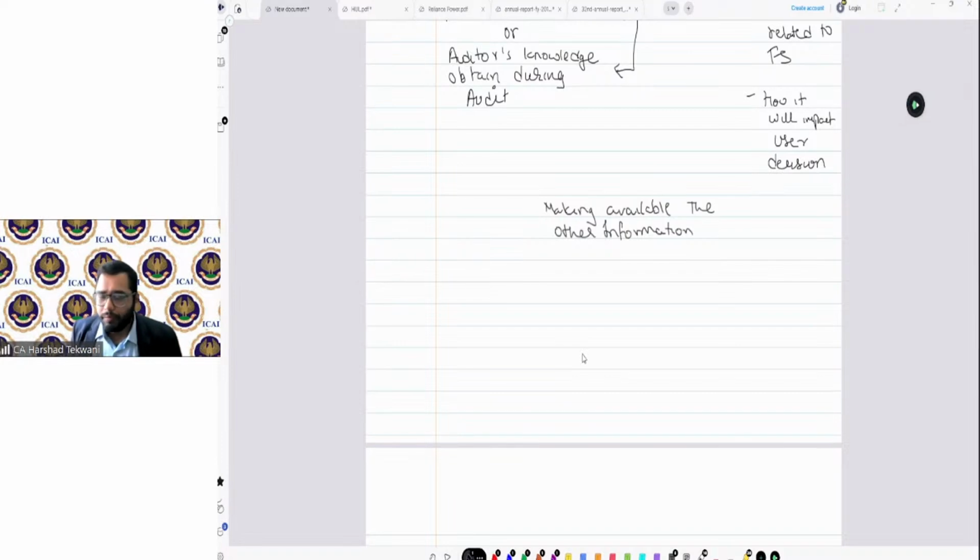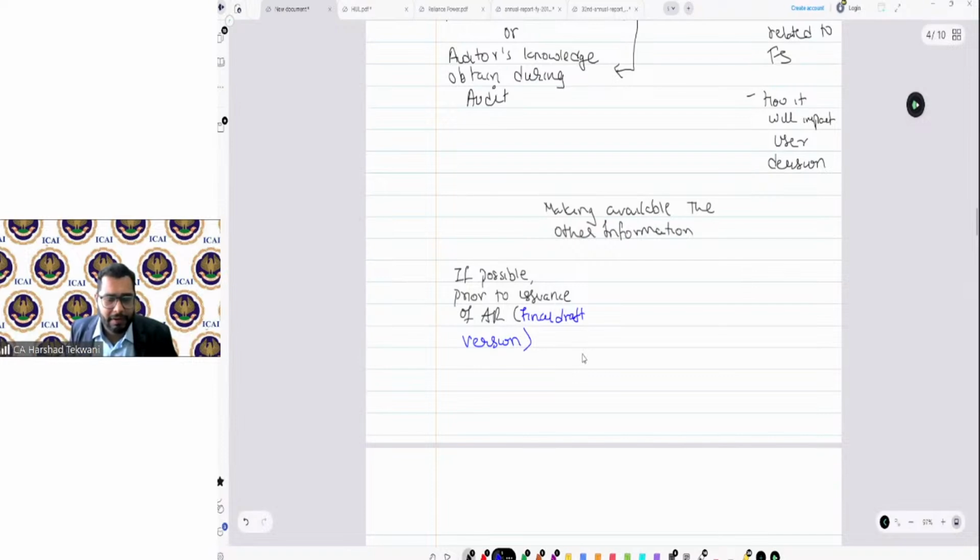So if possible, then prior to issuance of the audit report, even in draft version or the final version, you can say final draft basically, before issuing the version that is there.